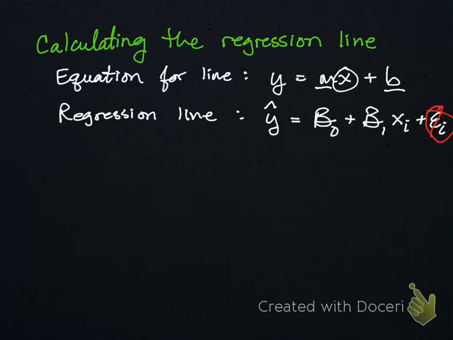But look how much these two equations resemble each other. Now, the regression line equation uses these parameter notations and is in a different order, but it's largely the same. This b, or y-intercept for the regular equation for a line, well, this b subscript 0 is the same thing. That b subscript 0 parameter is our y-intercept parameter.